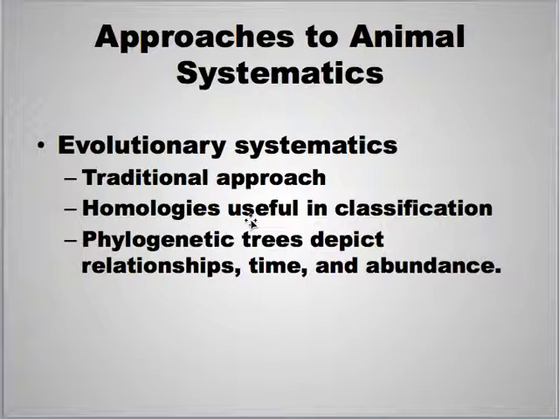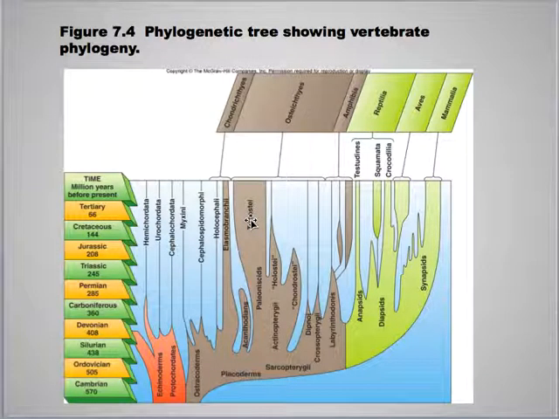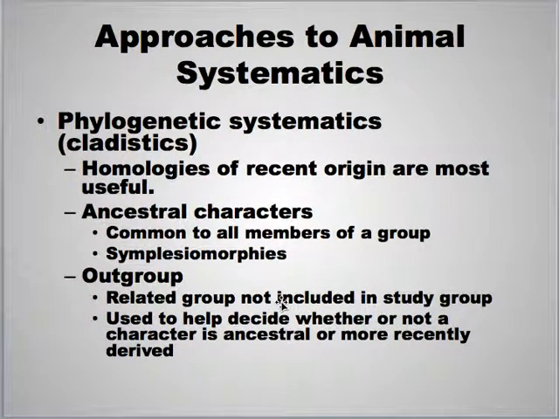And those can be tracked across and used in classification. And then we put that information into a tree and you can even then apply time to it if you have that information. So this is looking at vertebrate phylogeny. This particular tree I don't think is the best tree to look at, but we're going to look at some others that are more clear.